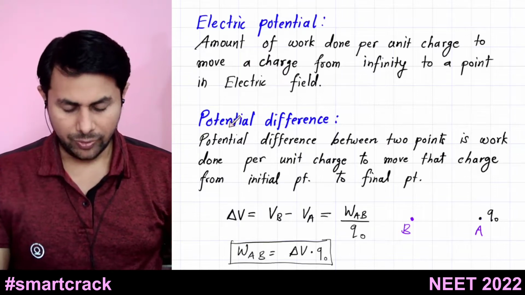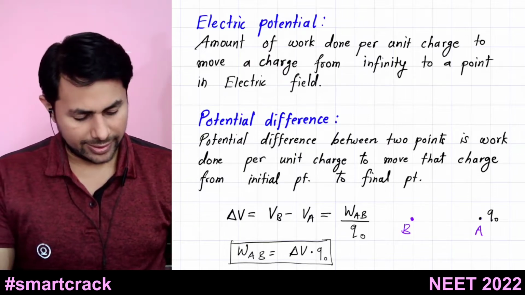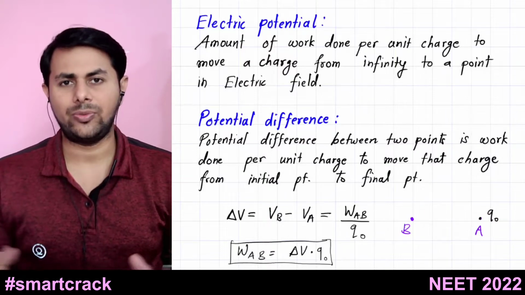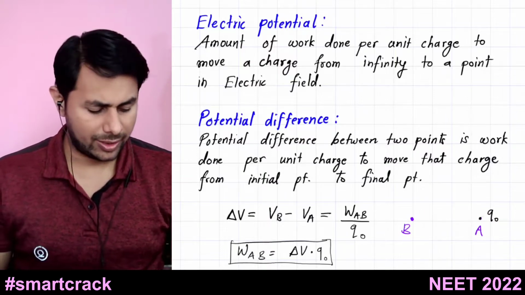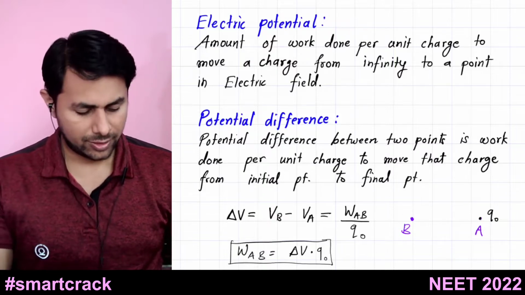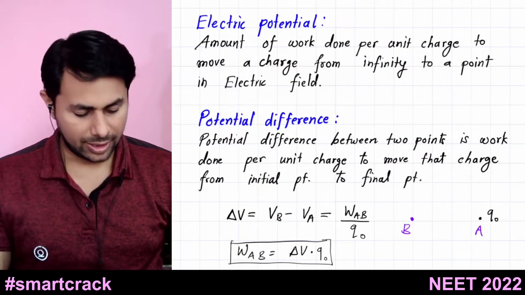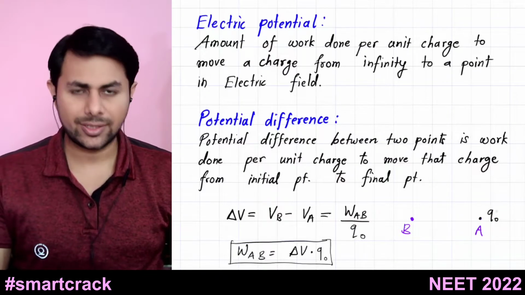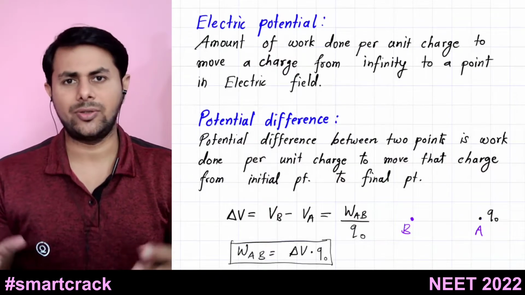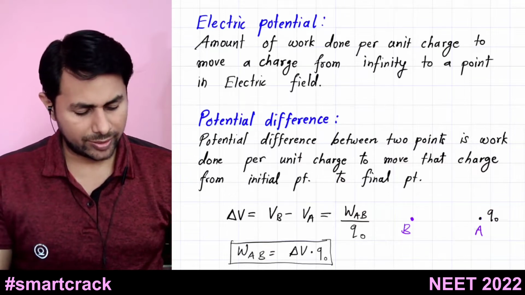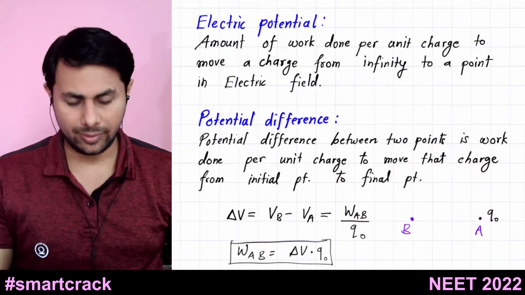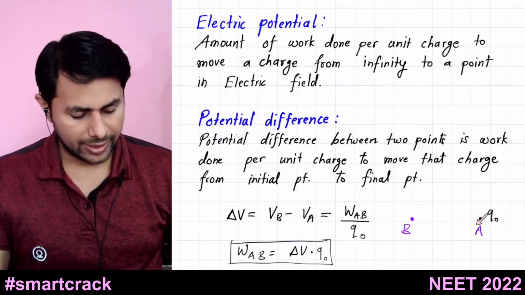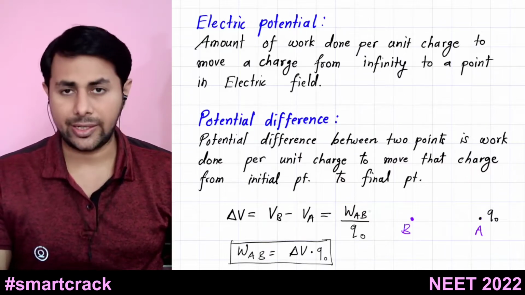Then what would be potential difference? Let's say you have these 2 points, point A and point B, and you want to find out the potential difference between these 2 points. There will be some potential at A and some potential at B. You take some charge, let's say Q naught, known as the test charge, and move it from point A to point B. There will be some work done to move it from A to B, say W_AB.